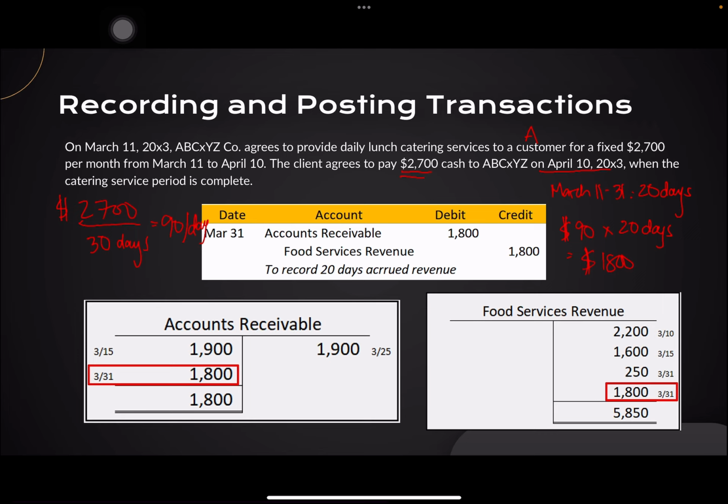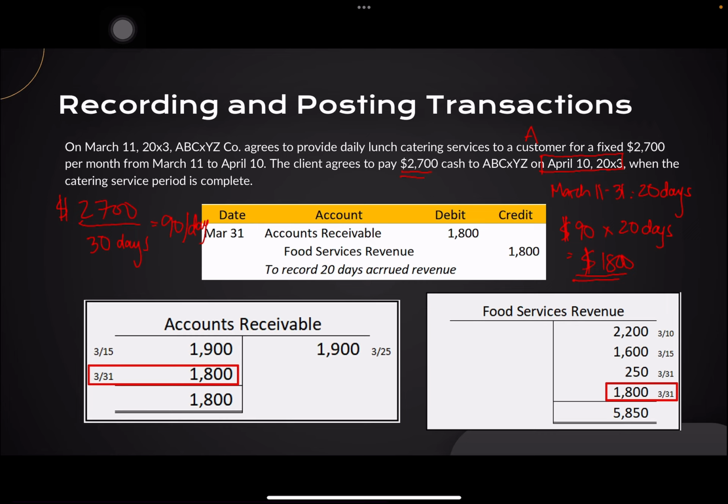This $1,800 was not yet paid to us by our client, because the agreement is that customer A will pay us the entire contracted bill of $2,700 on April 10.